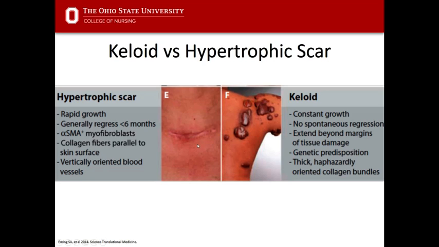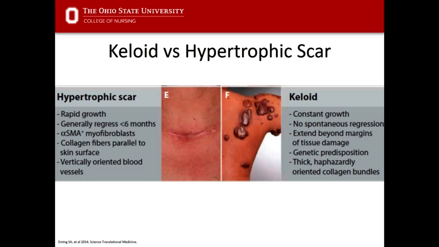The collagen fibers that are deposited for a hypertrophic scar, instead of being all over the place, are deposited in nice parallel sheets, parallel to the skin surface. That may be another reason why they regress, because of the evenness of how that collagen is deposited.